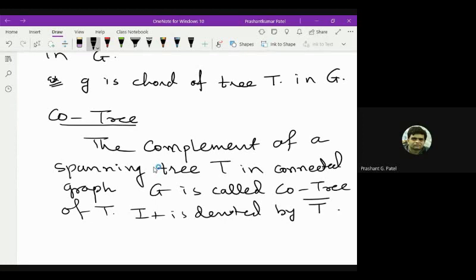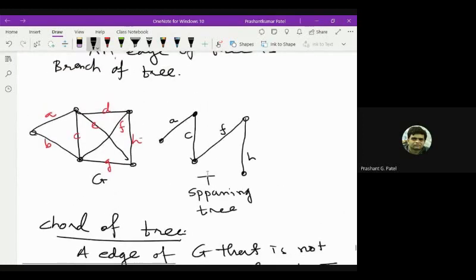For example, this is my spanning tree. So what is the complement of this tree in this graph? That is known as a co-tree. I'll put the co-tree here, denoted as T bar.